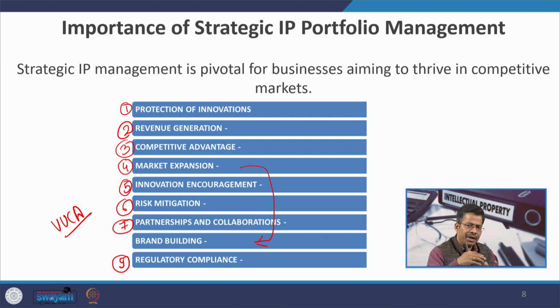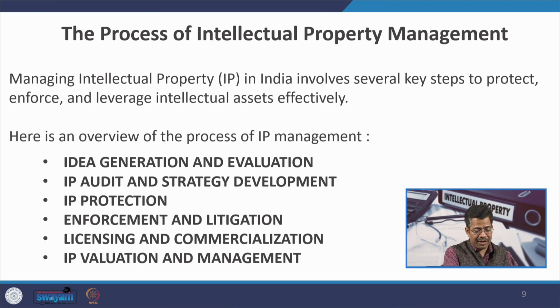Now, you require a good amount of innovation to stop or minimize those emissions from your plant, your factory, your process, and in that way regulatory compliances will also happen. So, all these are different types of strategic role of intellectual property portfolio management.